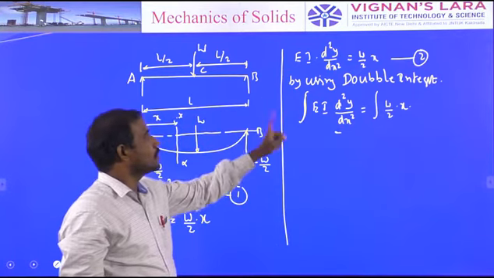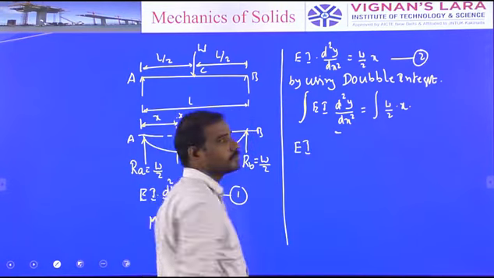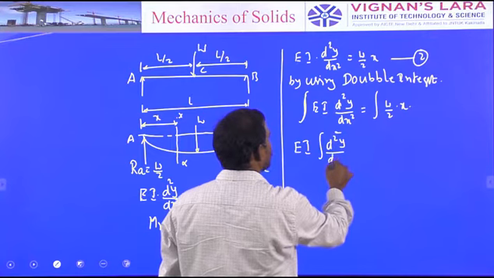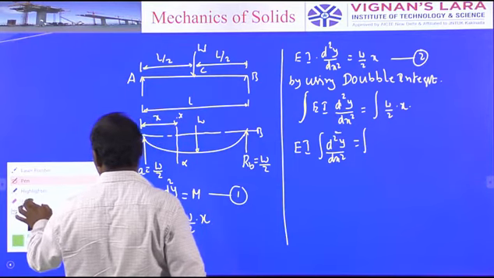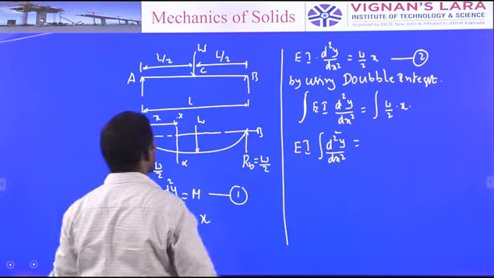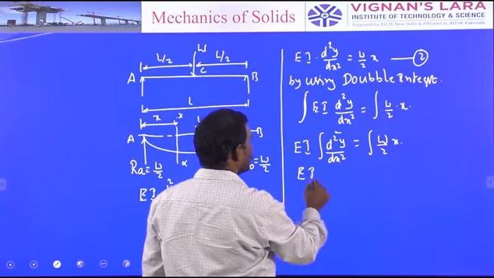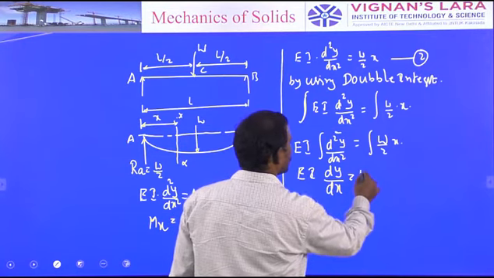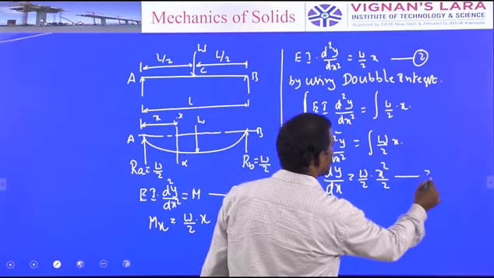EI is constant, and W by 2 is constant. Whenever it is integrated, the equation is EI dy by dx is equal to W by 2 into x square by 2. See equation number 3.